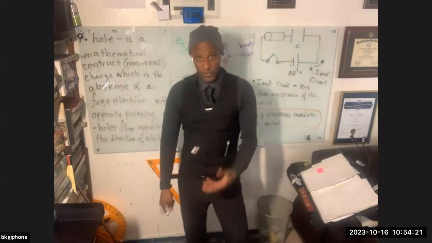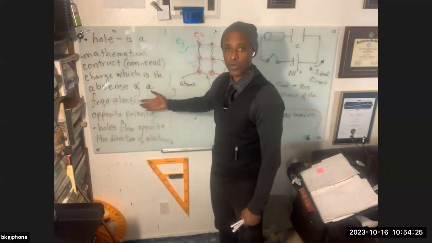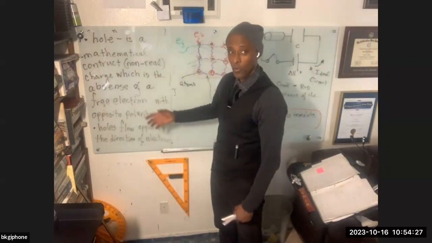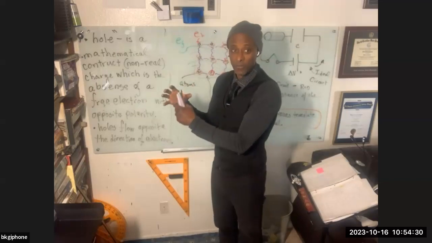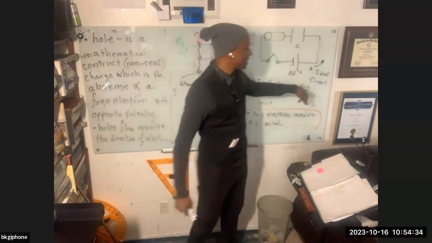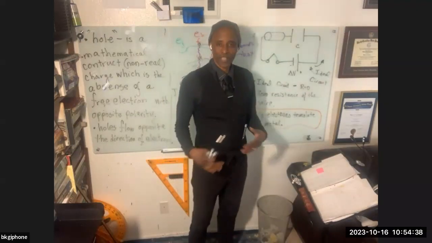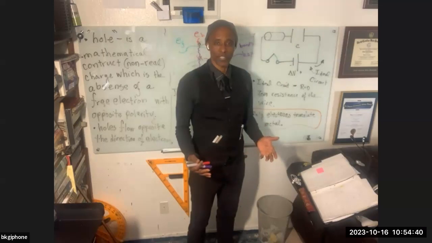And my explanation for that is that it's actually nothing flowing. It's just the absence of electrons, which we call holes, that we treat like positive charges flowing. We treat them like real things, and that's the thing that's flowing. When I stand back and listen to it, it sounds ridiculous.